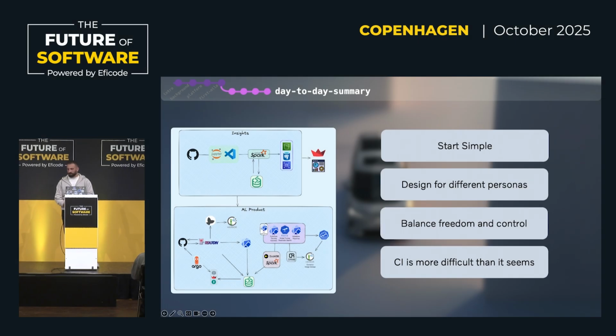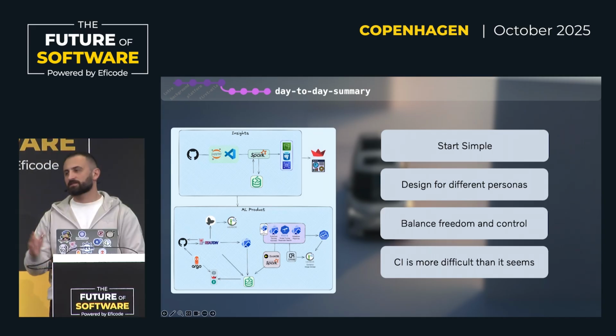Last but not least, CI is more difficult than it seems, because the difference from regular CI in the software world is that you don't only need to think about how you build your code and how you version it, but you also have a model that you need to train and version.